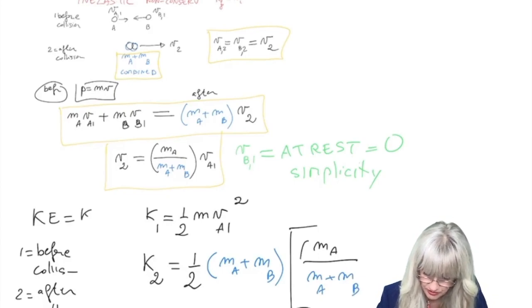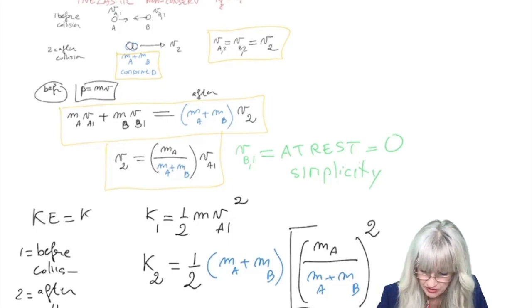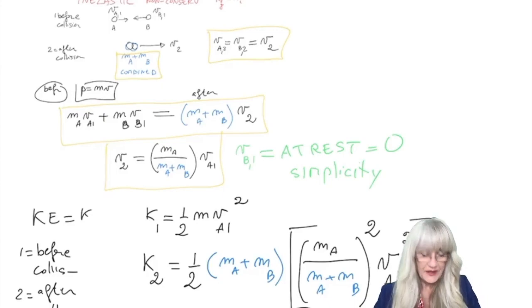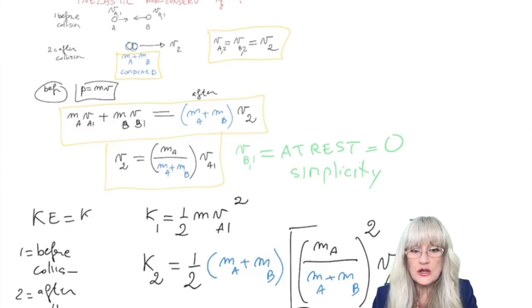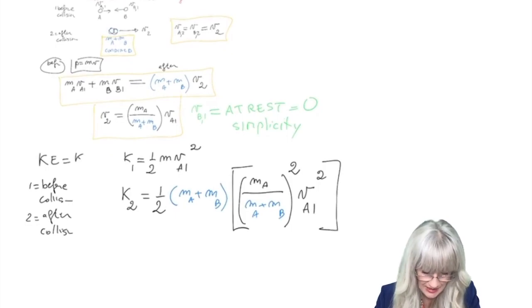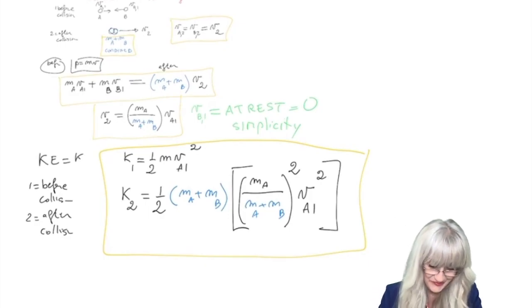I want you to put this in parentheses and square it. Multiply by the velocity of A before the collision, also squared. Frame it. So this is your kinetic energy for inelastic collision to frame and keep in your summary.